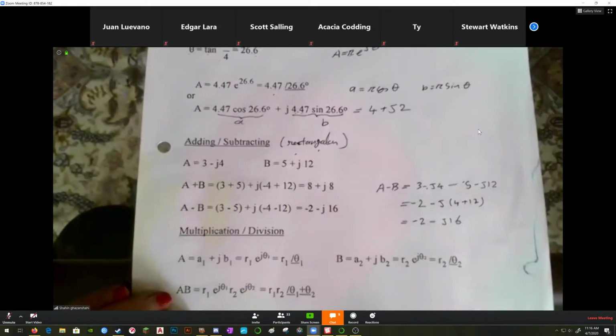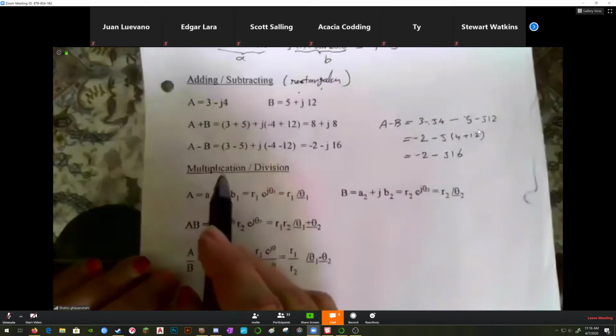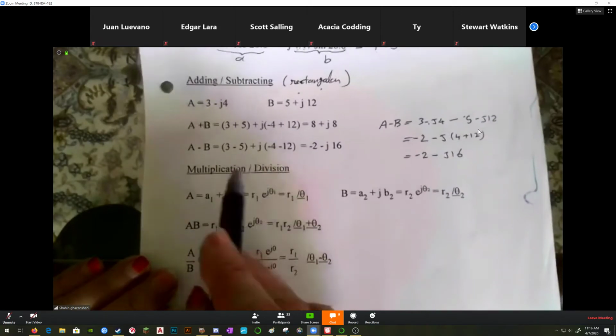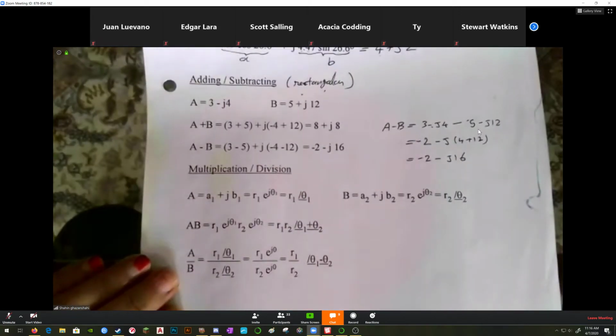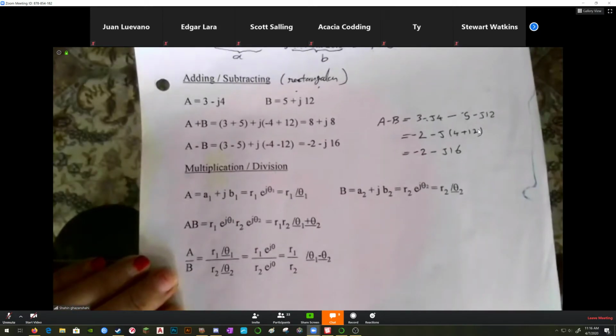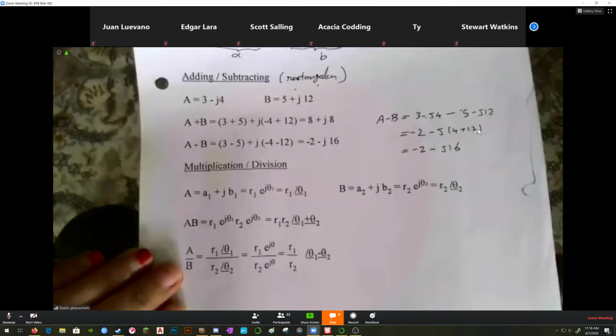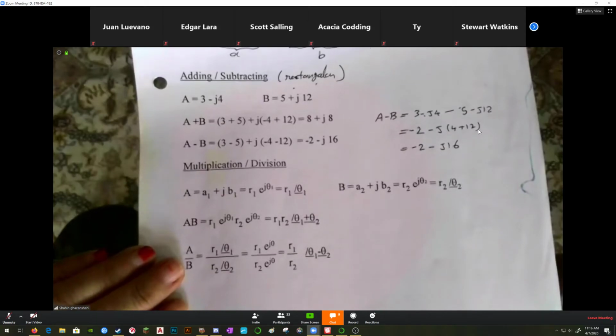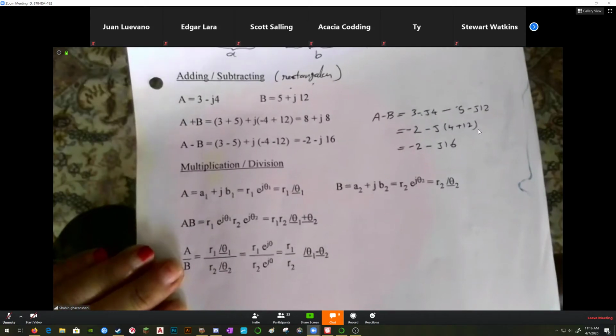Question here? Okay, how can I multiply or divide? You can do it either way. You can do it in rectangular or in exponential form. Usually exponential is easier. If you have it in exponential from the beginning, you don't need to change it.